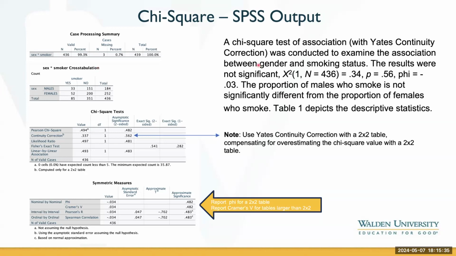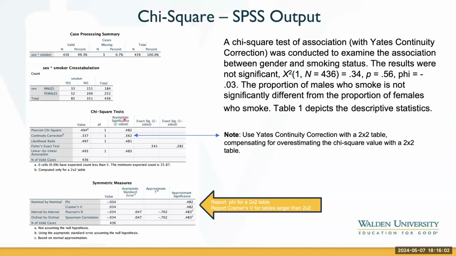Fantastic. The next important piece will come down to answer that research question. This is the chi-square test information. Now, remember, we're going to look into the sig column, and we're going to look for the two-sided. The sig column is always where you got three sigs here, the asymptotic, the exact sig two-sided, and exact sig one-sided.